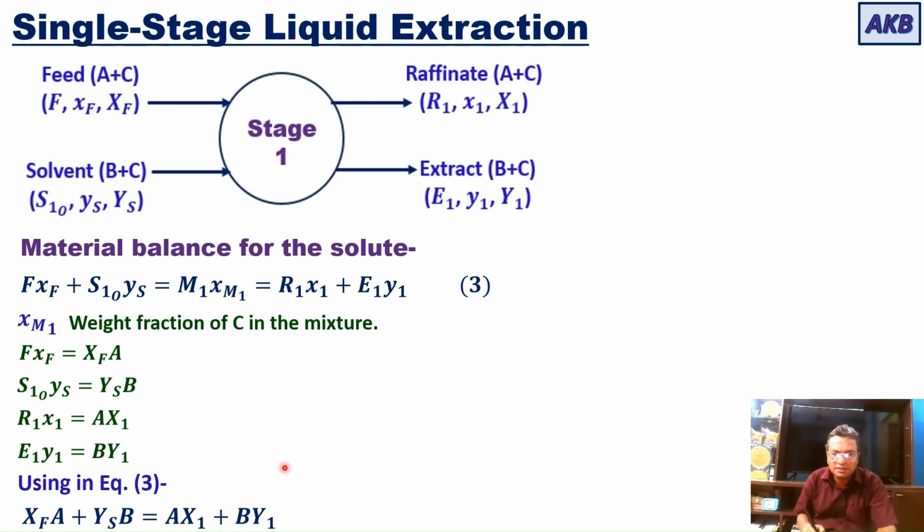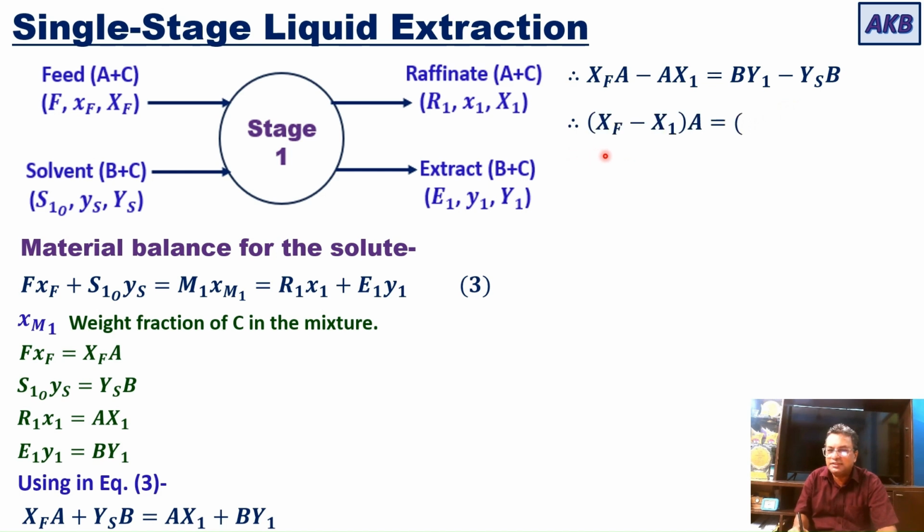Now in the next step, we will collect terms containing A on one side and terms containing B on the other side. So it will be Xf into A minus A into X1, that is equal to B into Y1 minus Ys into B. Then in the next step, you can take A common on the left hand side and B common on the right hand side.